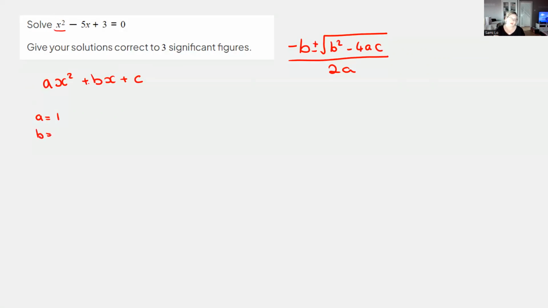B, well, it's usually minus b, so if I've got a minus, I've got to write that in, minus 5, and c, which is 3. Now you get a mark for writing it down. So what I would do straight away is substitute that a in, which is also something that they could ask you to do in your exam, and it gives you marks as well.